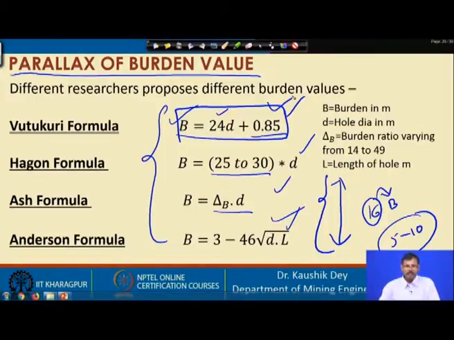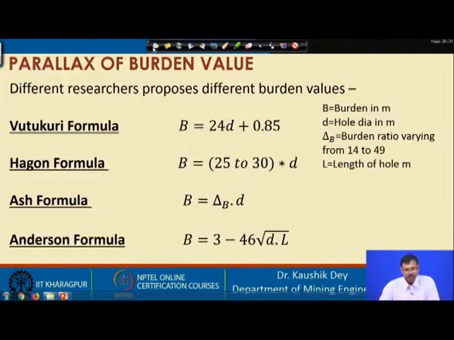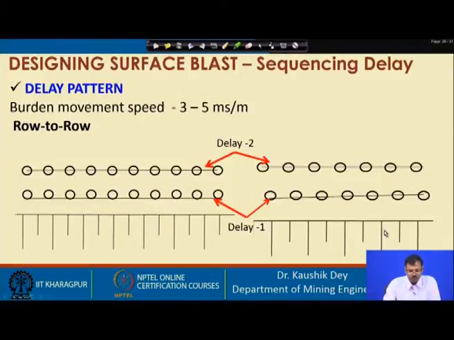That applicability range of those formulas is very important prior to utilizing them as your design criteria. So the user must be very careful about the burden formula which he would like to use for his own case.